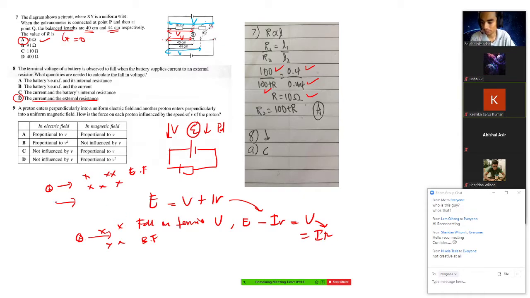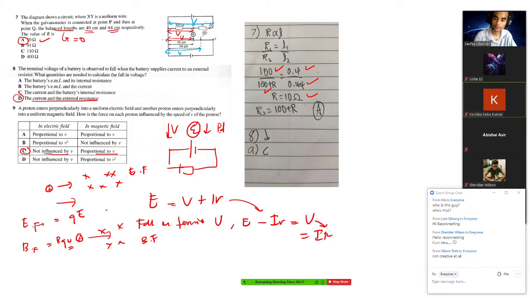So the answer will be C. In an electric field it is not influenced by the velocity of the proton, but in a magnetic field it is directly proportional. Another way to say it: the electric force is equal to QE, and in the magnetic field the force equals BQV. So you can see that V is inside the equation.